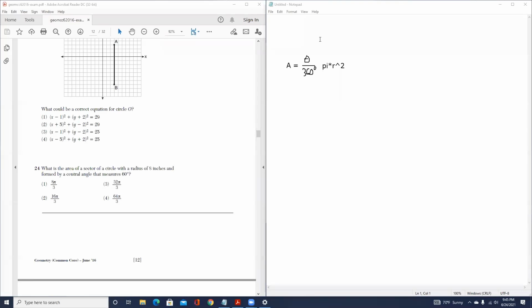The formula for the area is equal to theta over 360 times pi r squared. If we plug in the numbers from our problem, we get that A is equal to 60 degrees over 360 degrees times pi times 8 inches squared.